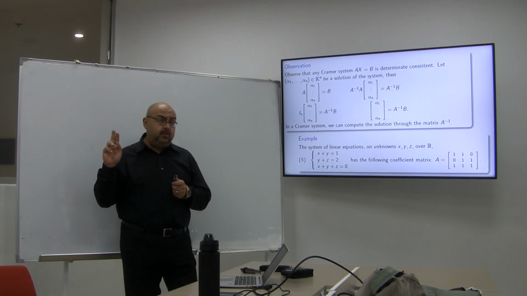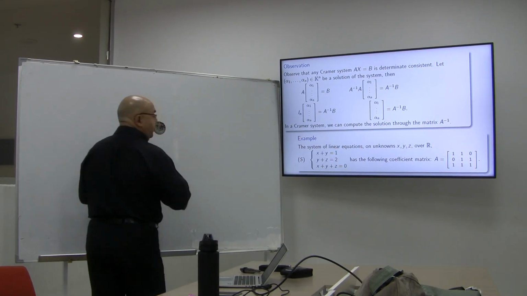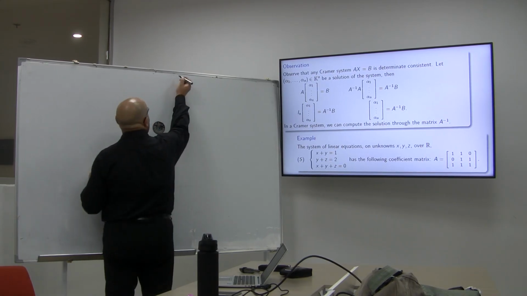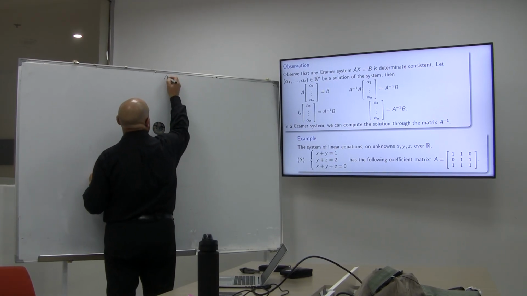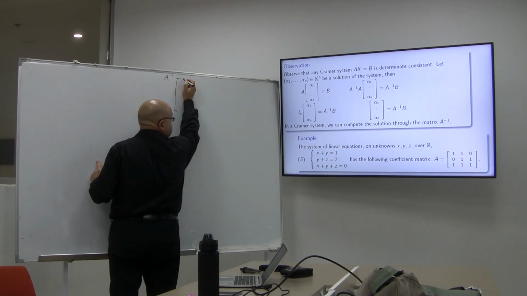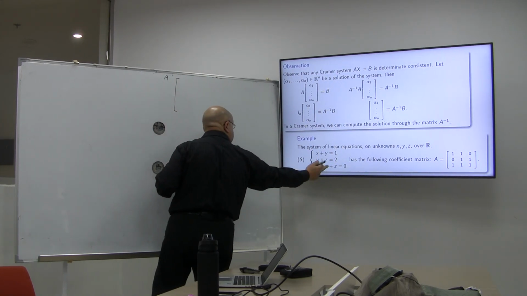All of you understand or remember the two methods of getting the inverse, okay? So if I want to solve this system and be sure that it's a Cramer system, I can simply find A minus 1, the inverse of the coefficient matrix. First of all, be sure that this system is arranged.